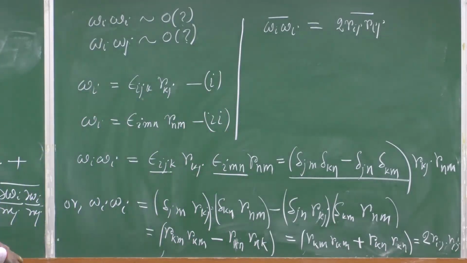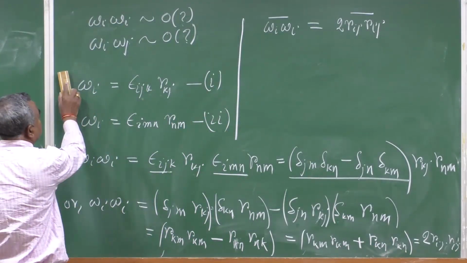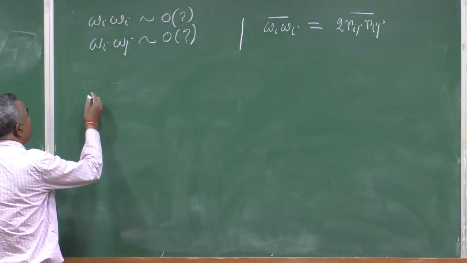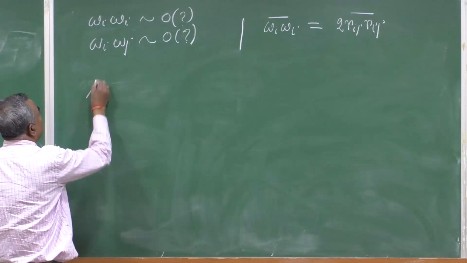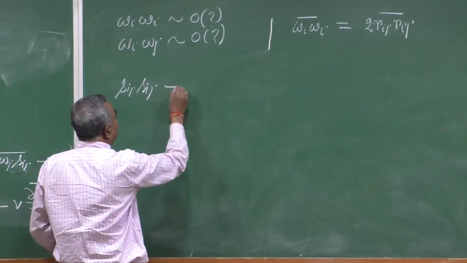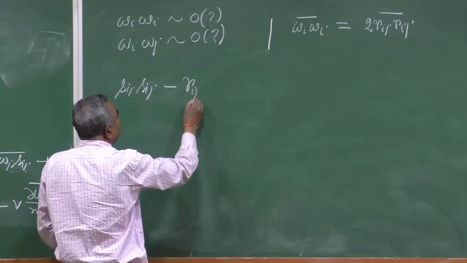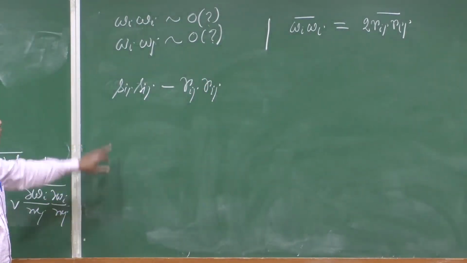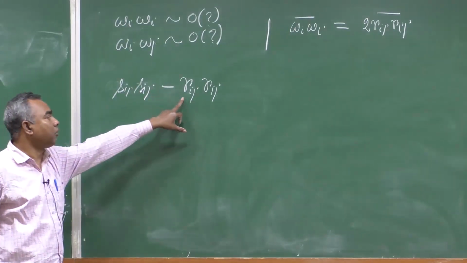Okay. Now, we need to do another exercise. We know small s I j minus, let us write, small r I j. We know the expression of s I j and the expression of r I j.